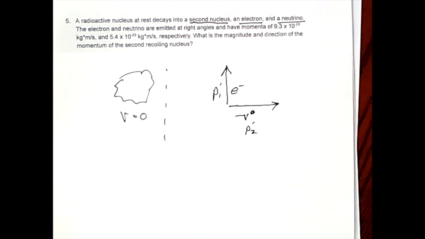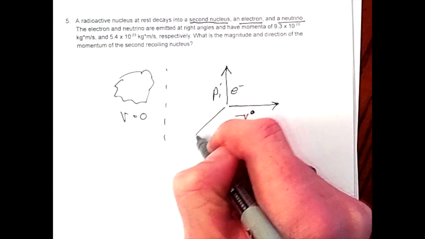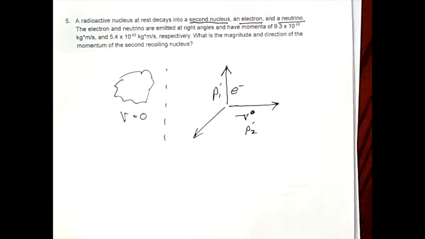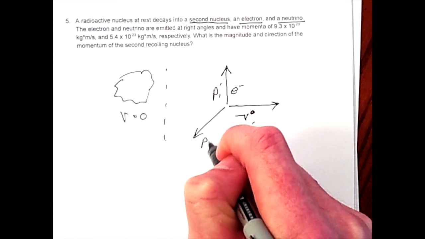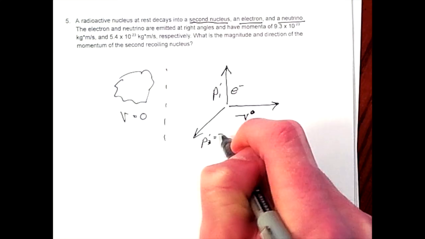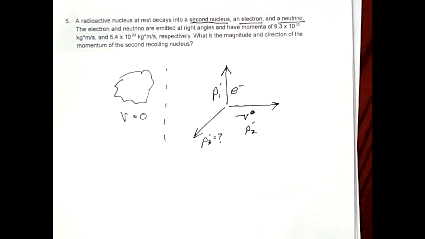Left and down is a diagonal left and down arrow, like this. P3 prime is the question.